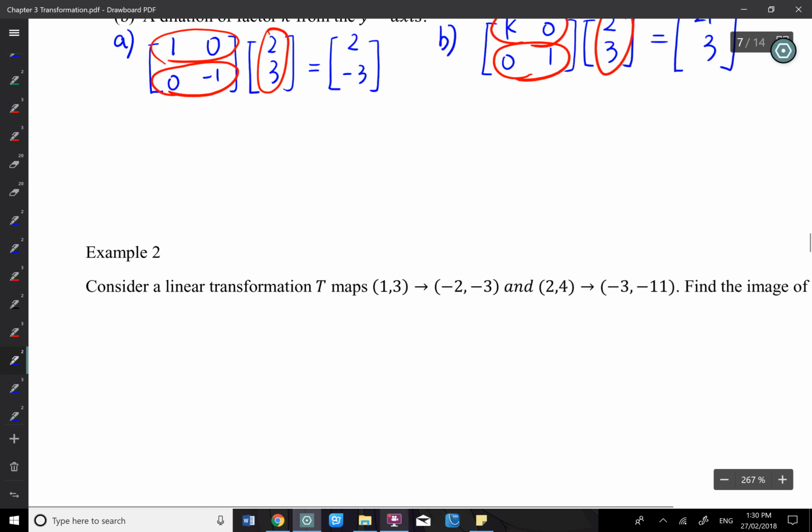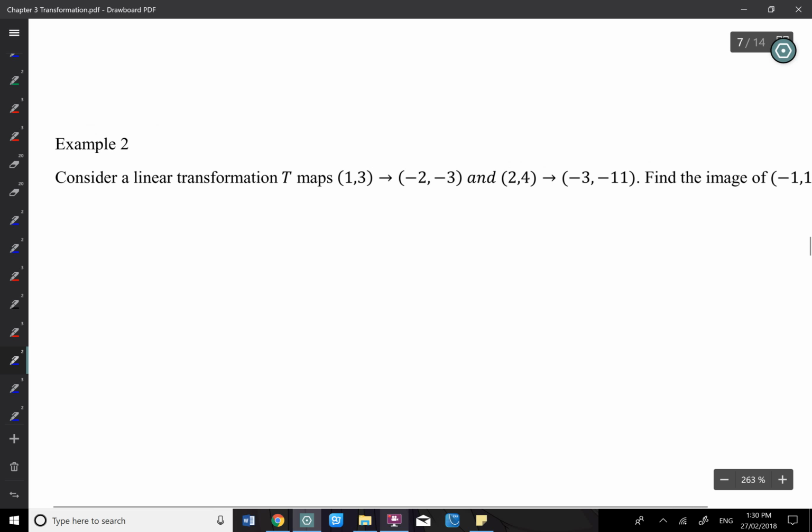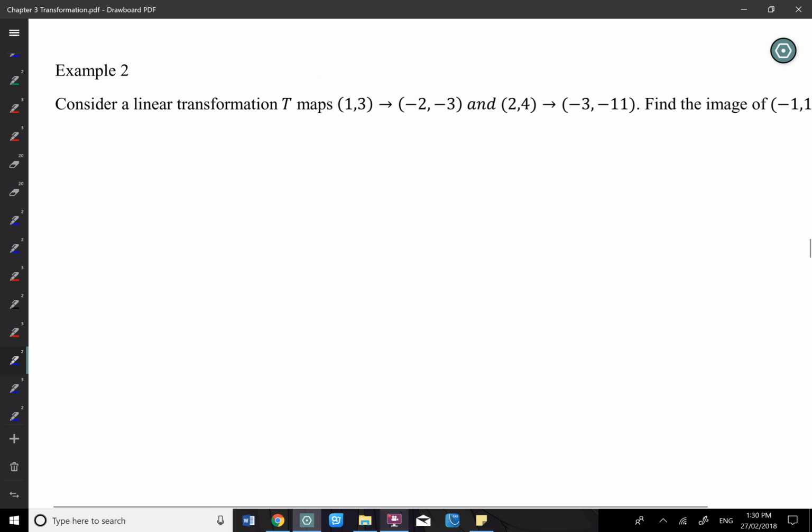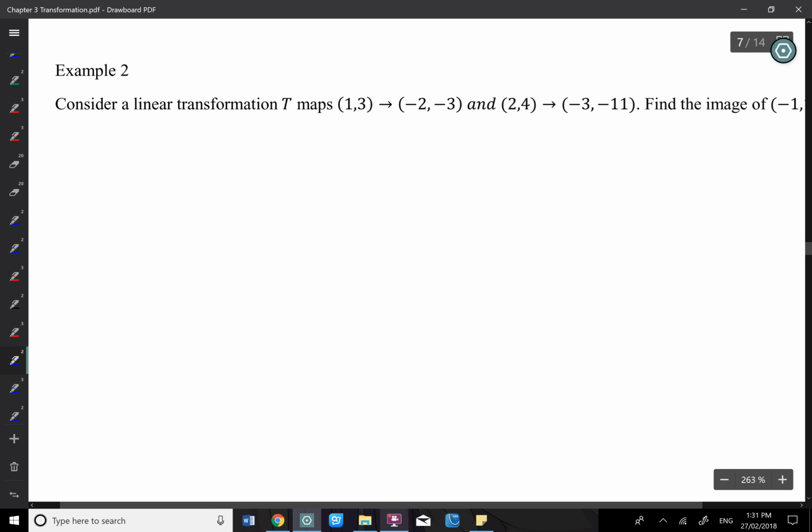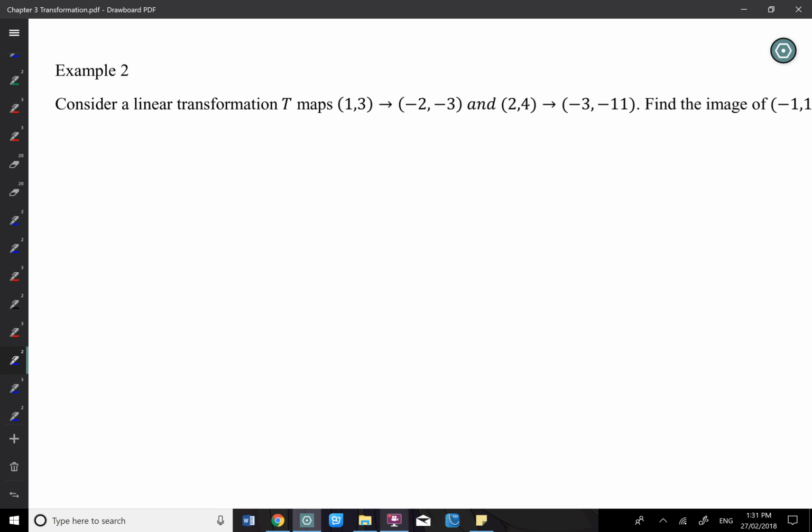That's why I'm talking about this, because you can have a look at example 2. Example 2 says, consider a linear transformation T that maps (1, 3) to (-2, -3), and (2, 4) to another point. So it gives you two points and tells you that after some transformation they become new points.